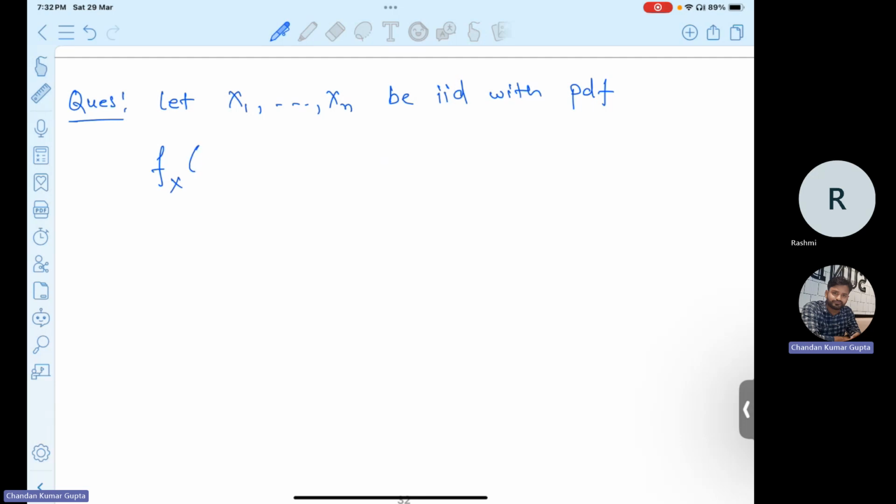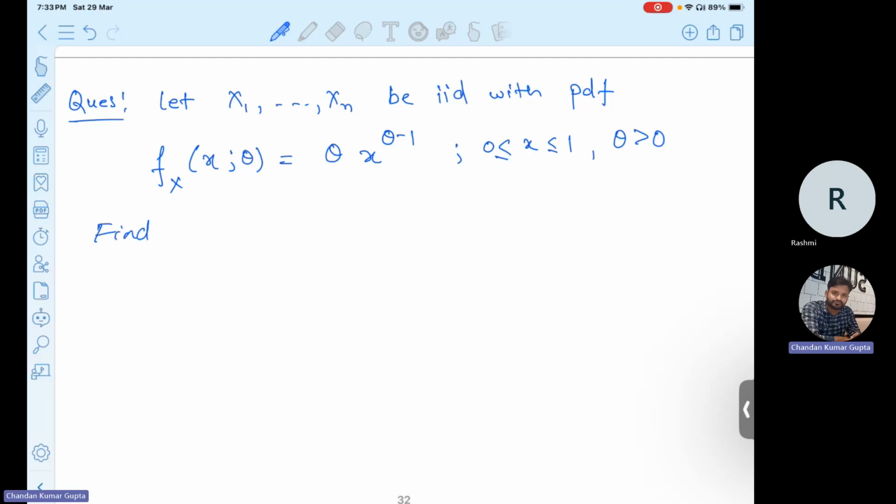We are given the PDF f(x; theta) equal to theta x to the power theta minus 1, where the value of x lies within 0 to 1 and theta is strictly greater than 0. We need to find the MLE of theta. Okay, we need to estimate the MLE of theta.